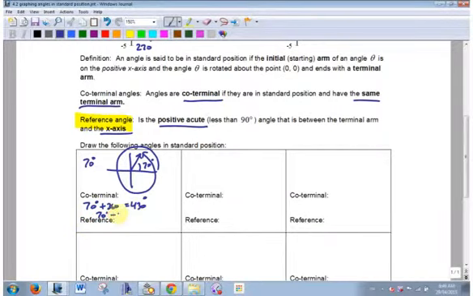Well, let's go the other direction. If I'm here and I go the opposite way 360, I'm going to be right back on top of it again. So if I go negative 290 from the positive x-axis, in the other direction, I'll be right on top of it, right? So that's usually what we do.